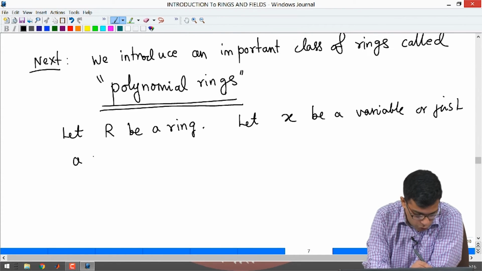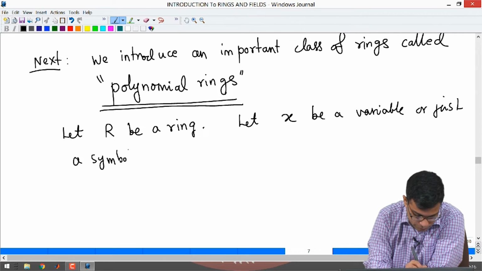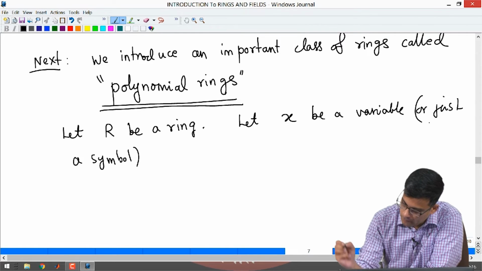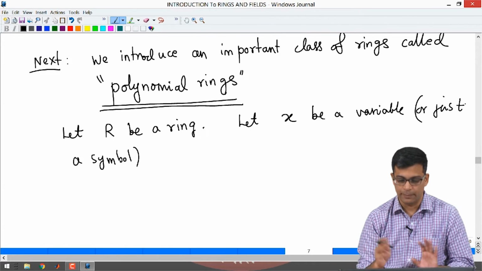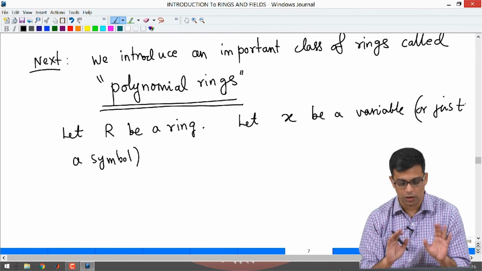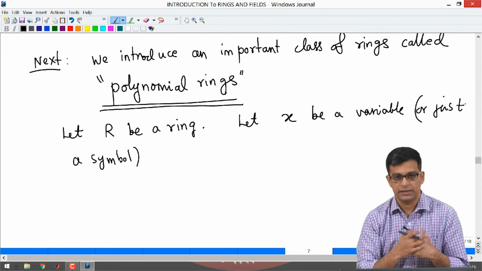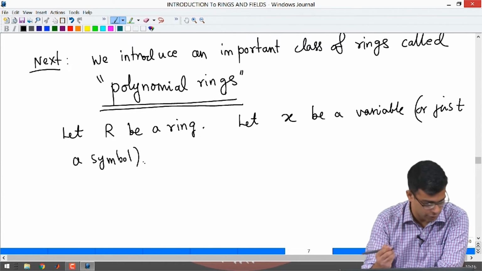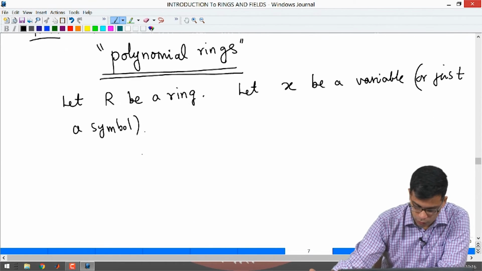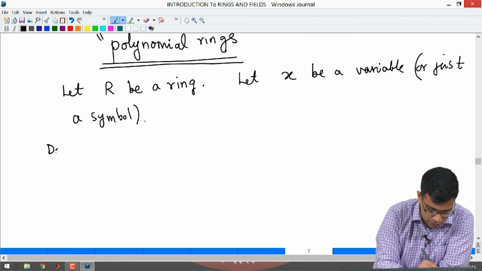So, it has no other meaning, that is what I mean. Think of this just as a symbol. Okay. So, x is just a symbol, it is not a number, it is not an element of any set that you are used to, it has only those properties that we give it. Okay. So, I am going to define a polynomial.